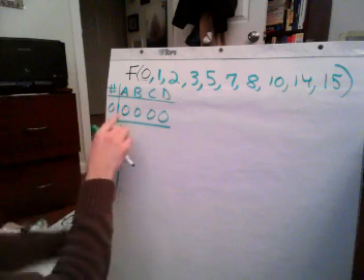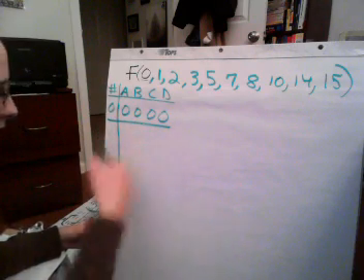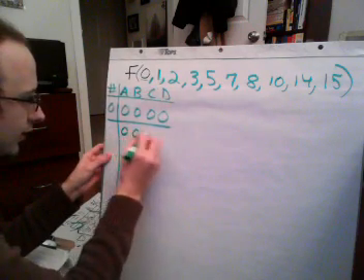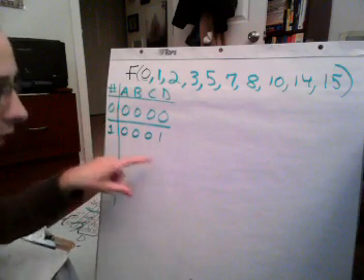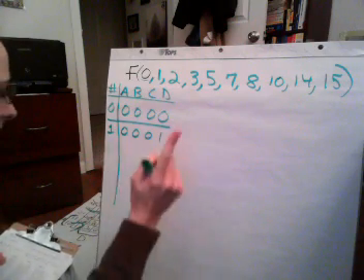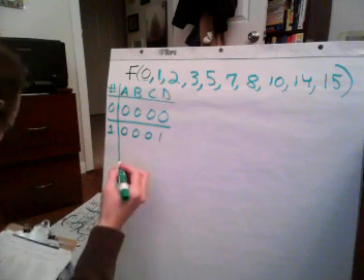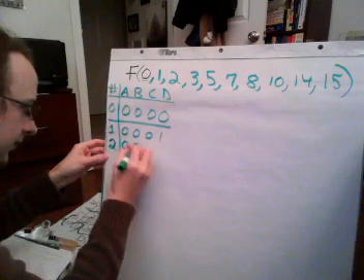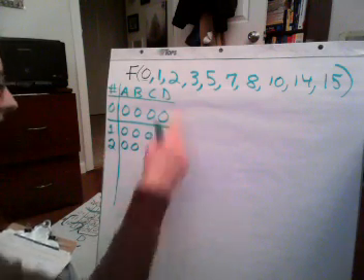Here, these are all 0 numerical values. In the next group, I'm going to write 1, so 0, 0, 0, 1. Now we look for all of the other values that have only one 1. So we have 1, we've got 2, which is 0, 0, 1, 0, and we have 8.